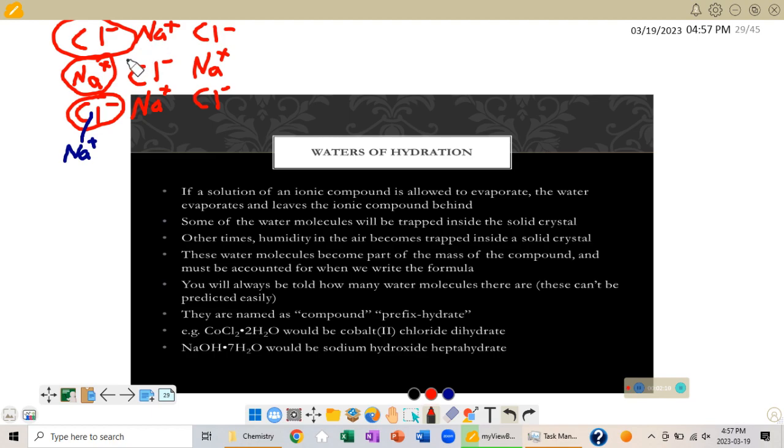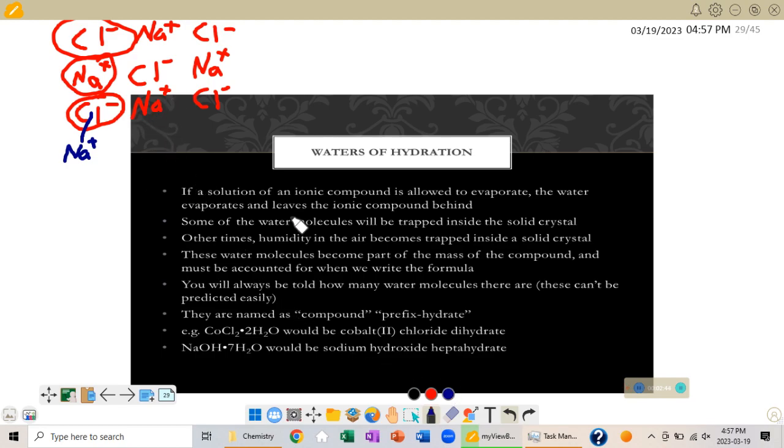This just continues out in 3 dimensions until the edge of the actual physical crystal. Now, both sodiums and chlorides are pretty small, and there's 1 sodium for each chloride. The shape stuff is well beyond science 10, but take my word for it, there's not much room in between the individual ions. And so this waters of hydration bit doesn't really happen for sodium chloride.